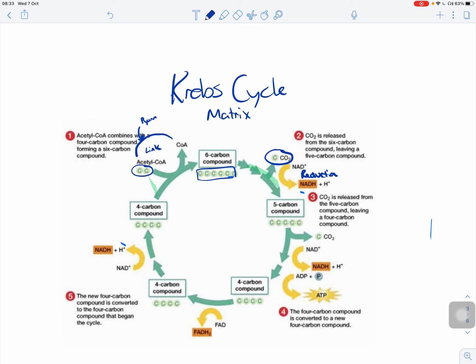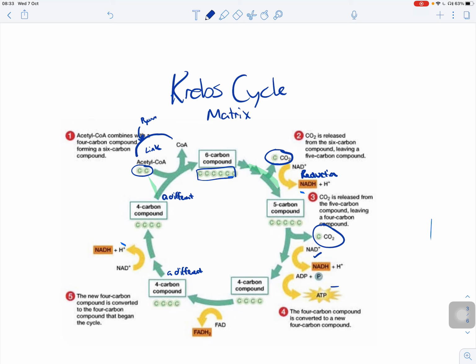So we're stripping electrons away. Here, another reduction. And then here we have some ATP synthesis. Okay, notice there we go, 6, 5, 4. 2 decarboxylation reactions. And these 4 carbon compounds are not the same compound, they're different ones. So they're converted into a different 4 carbon compound.